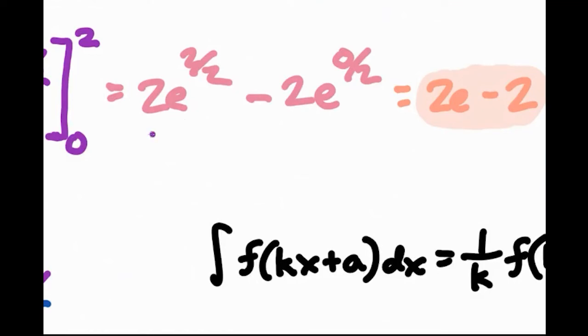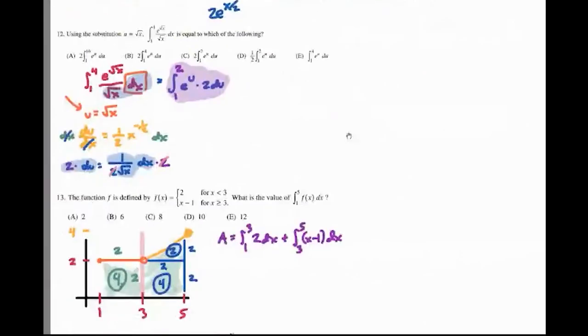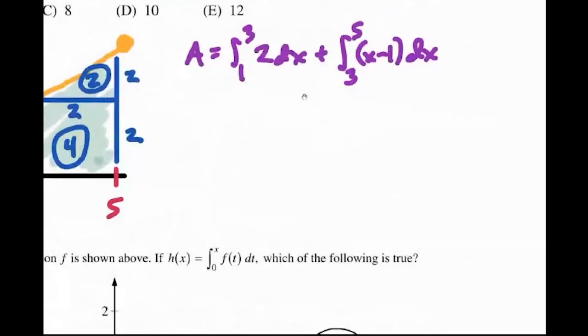When you plug in the 2 and you plug in the 0, the c's would cancel, so it does not matter if you include those or not. I wouldn't. The antiderivative is 2x. So I'm going to write 2x, and we're integrating it from 1 to 3. You put a 3 in there, you put a 1 in there, and you subtract. Awesome.